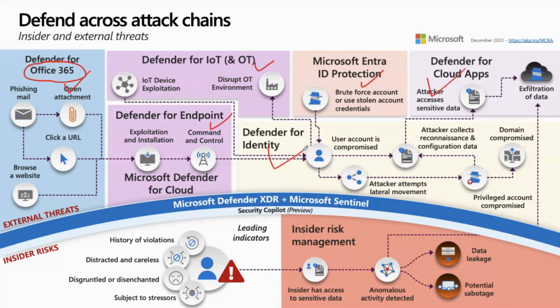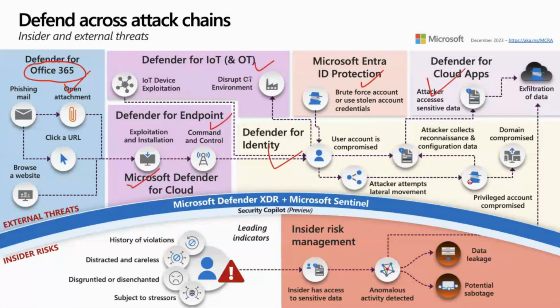So Defender for Identity provides detection of threats for both cloud-based and on-premises identity infrastructure. Then you have Microsoft Defender for Cloud. Microsoft Defender for Cloud provides additional capability for your cloud resources.